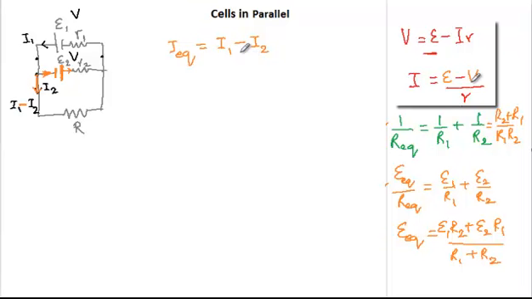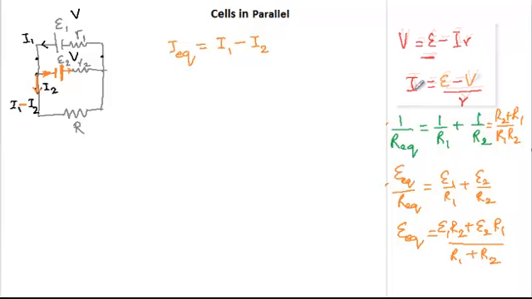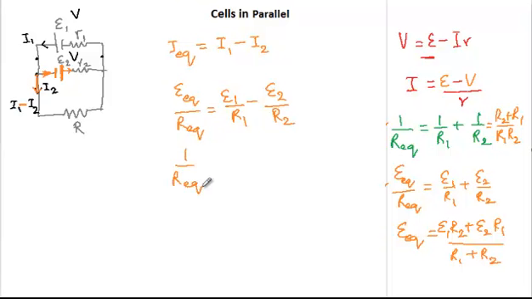So we write a similar derivation substituting (E minus V) over R. So if you substitute the value for I over here, then you would finally get E equivalent over R equivalent equals E1 over R1 minus E2 over R2, and 1 over R equivalent equals 1 over R1 plus 1 over R2.